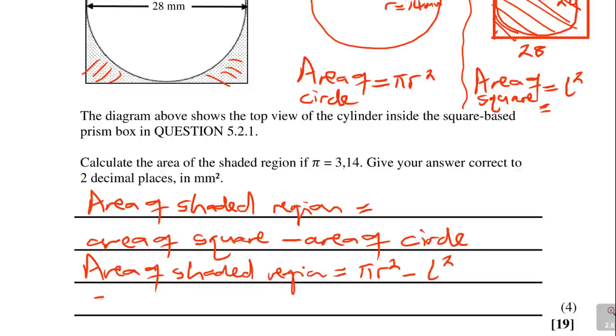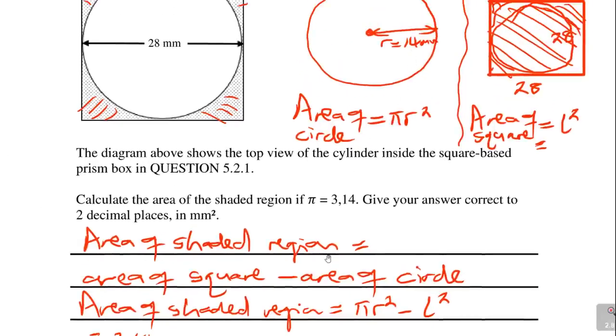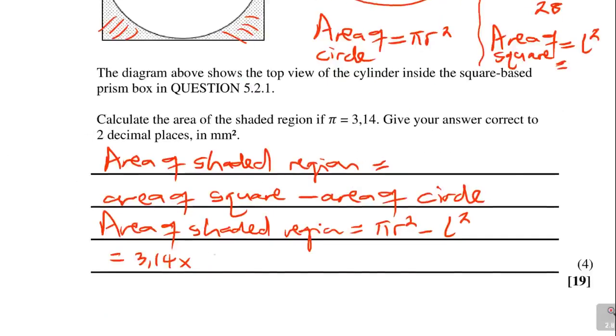Now we put numbers. They say use 3.14 for pi, pi r squared, and our r was 14, so pi times 14 squared. Minus, sorry, it's area of what? It's area of square. I'm just mixing up that thing.